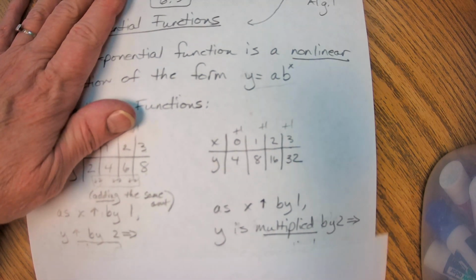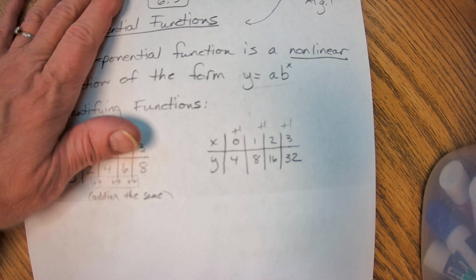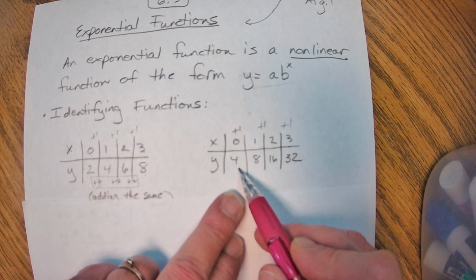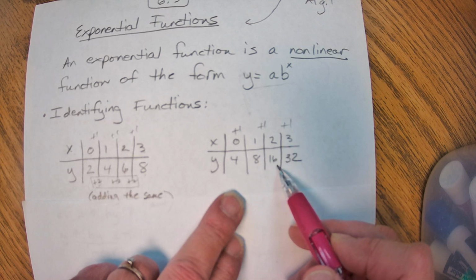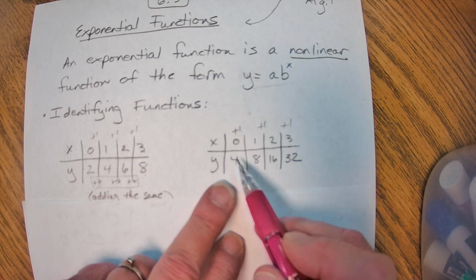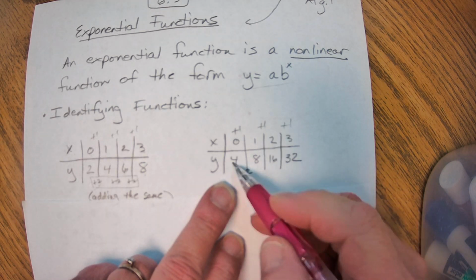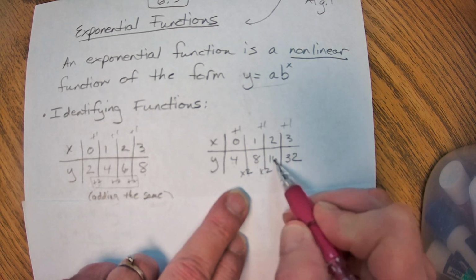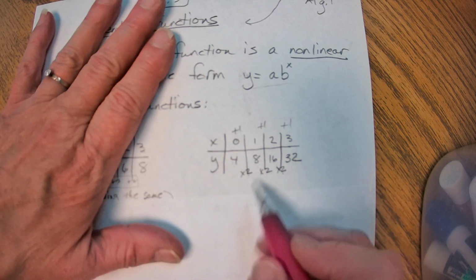Okay, now let's look at this second table. The x's are going up by 1s, but I can't add. 4 plus 4 is 8, but 8 plus 4 is not 16. What I do notice is that to go from 4 to 8, I could multiply by 2. 4 times 2 is 8. 8 times 2 is 16. 16 times 2 is 32.